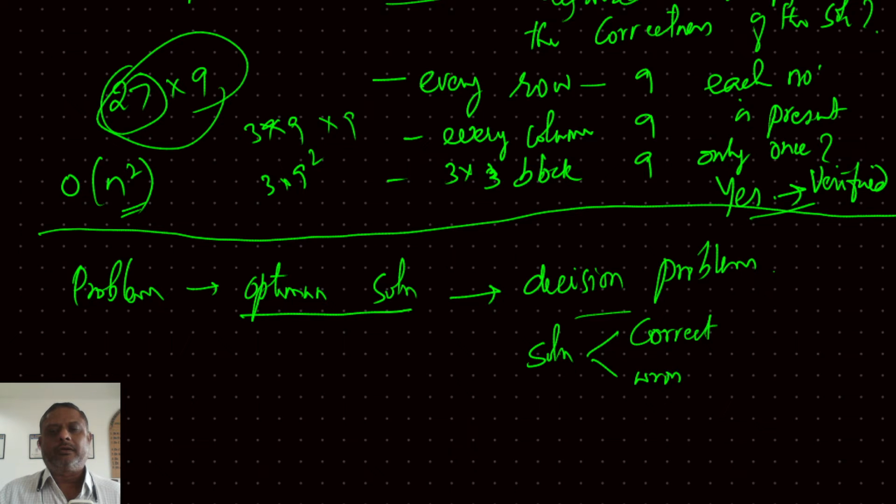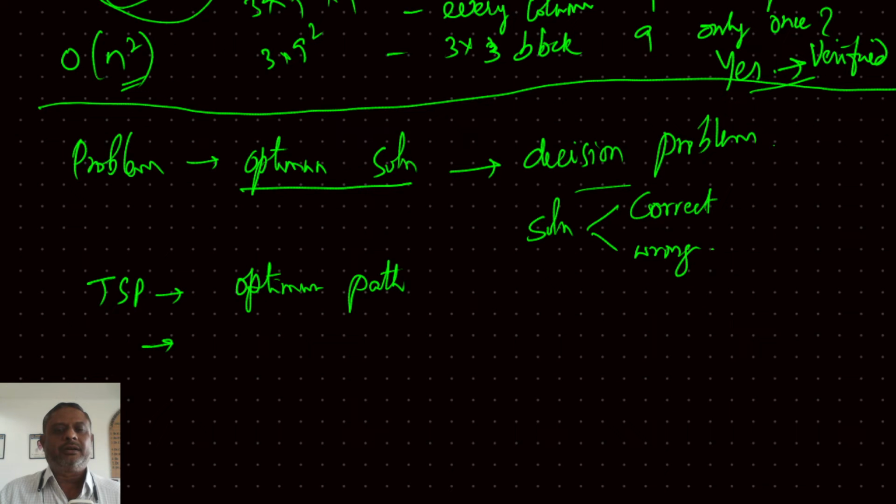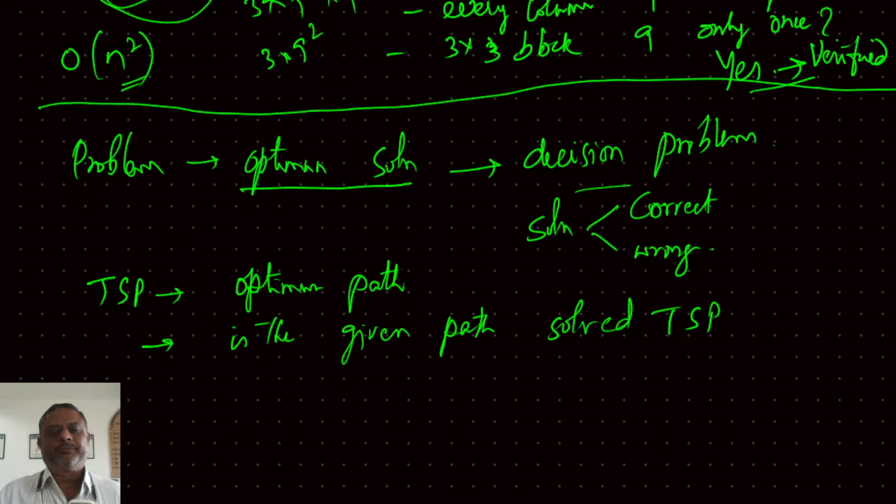or wrong. So our traveling salesperson problem was trying to find the optimum path. Instead of finding the optimum path, we can reframe it. Instead of saying find the optimum path, we can say: does the given path solve the traveling salesperson problem with less than or equal to k distance?